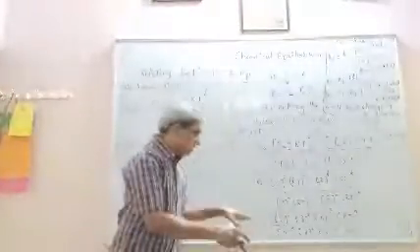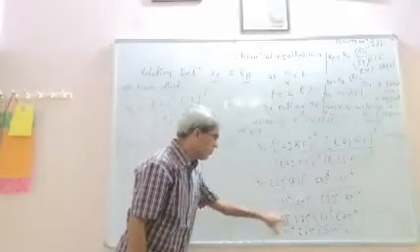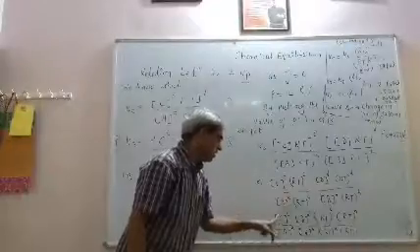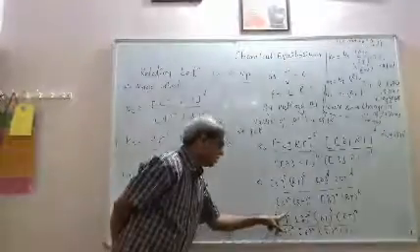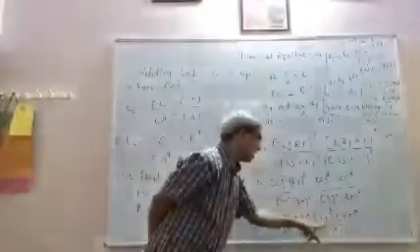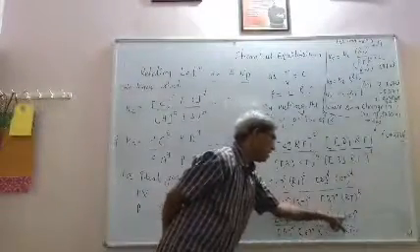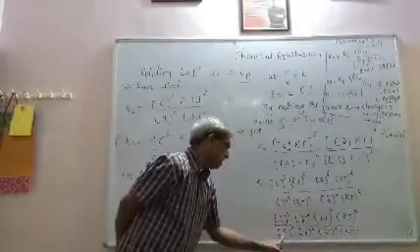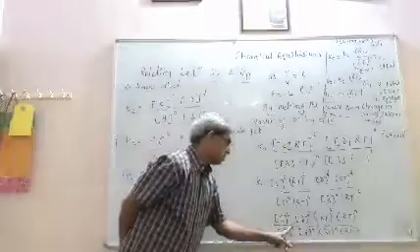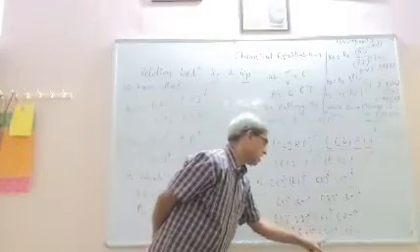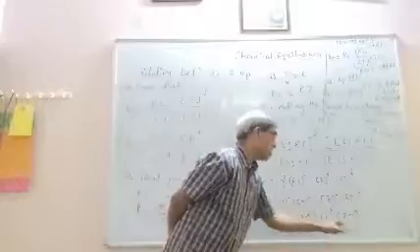Then again simplification. We can write this small active mass of D with this C. Active mass of C raised to C, active mass of D raised to D, RT raised to C, RT raised to D upon again this B with A, active mass of A raised to A, active mass of B raised to B, RT raised to A, RT raised to B.